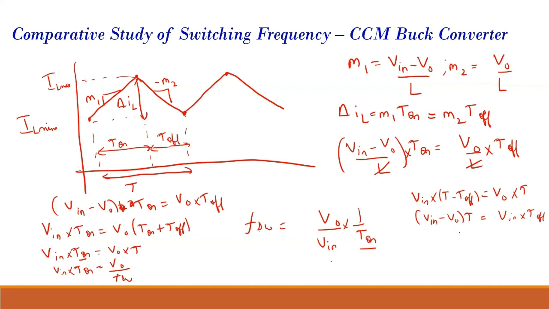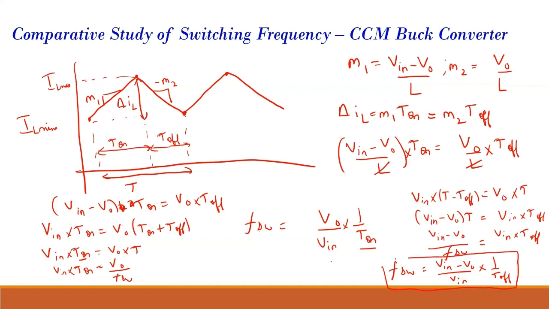So effectively what you will get is (Vin minus Vout) upon FSW is equal to Vin into T off, or FSW is equal to (Vin minus Vout) upon Vin into 1 upon T off. So this is the formula for fixed off time: the switching frequency depending on your input and output voltages.